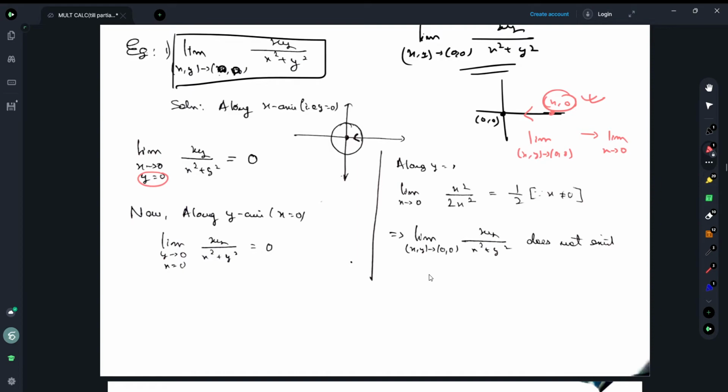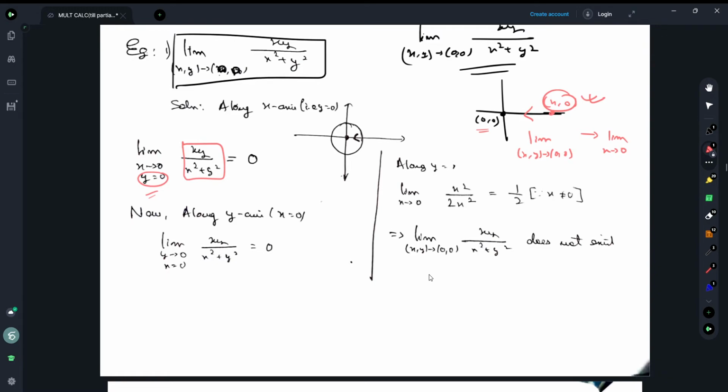Because if you put 0 in place of x, you get the value 0. We cannot put y here obviously because you are given a multivariable function. You have y equals 0 here, but you cannot put that here because y equals 0 is basically the point which we are trying to approach, (0, 0). Got it?